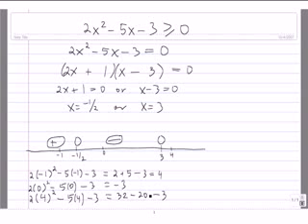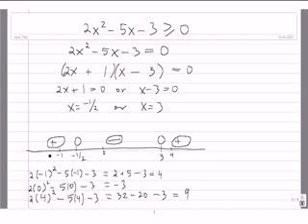So this is equal to 32 minus 20 minus 3, and that's equal to 9. Since 9 is a positive number, we know that for all x values greater than 3, our function is positive. So we put a plus here.